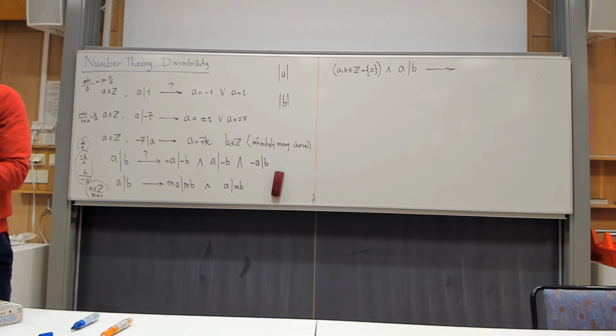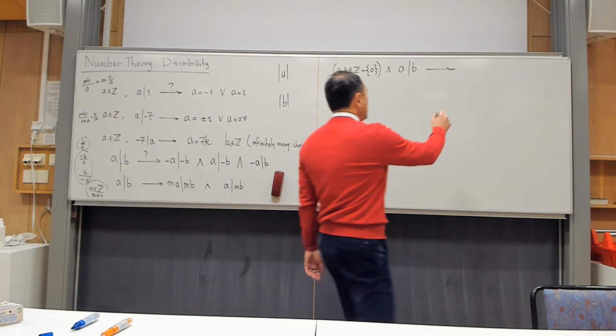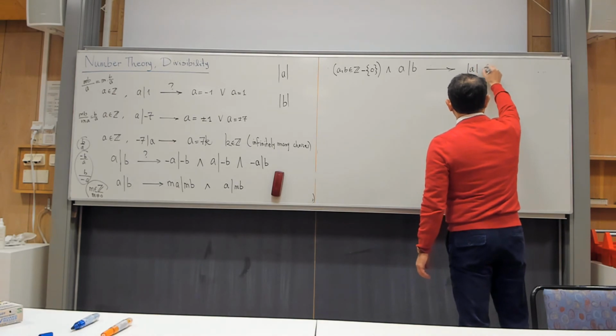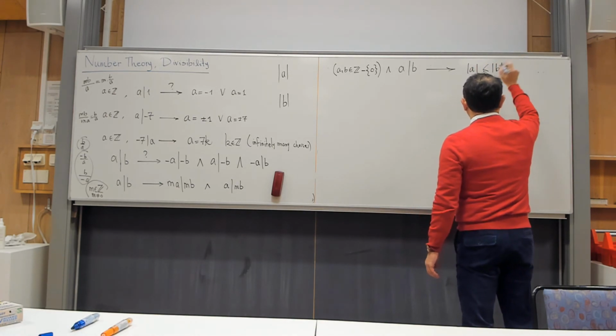Or does it depend on the situation that you are studying? Yes? I would guess that the absolute value of a is less than or equal to the absolute value of b.